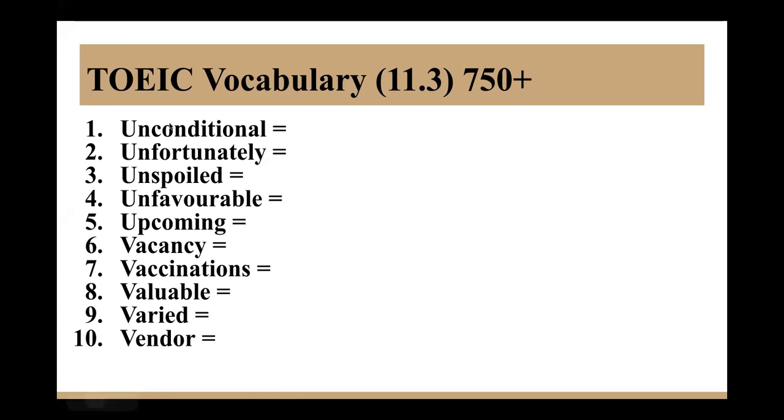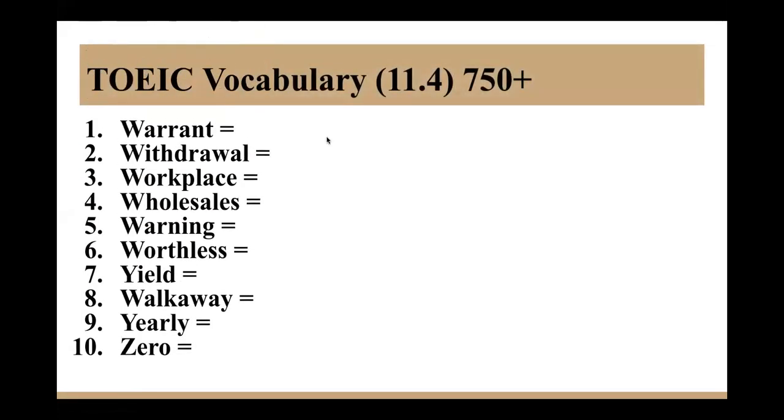So basically it's all about the words given from the TOEIC test. Yeah. And the last is variant, withdrawal, workplace, wholesales, warning, worthless, yield, walk away, yearly, and then ended up with zero. So it's all about TOEIC vocabulary, right?